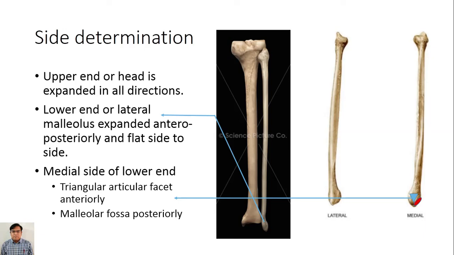On the basis of this we can identify the medial side. So these are the features on the basis of which we can decide the side, and we can also hold it in anatomical position. So this is the malleolar fossa.